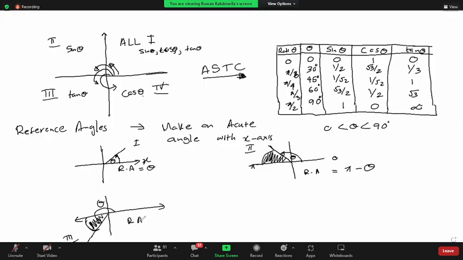Here we have to write the reference angle. The total original angle up to this level is theta. Then that is π. You can write the reference angle in this way, theta minus π. So theta is totally from here to here, and if we subtract π from theta, we get this reference angle.